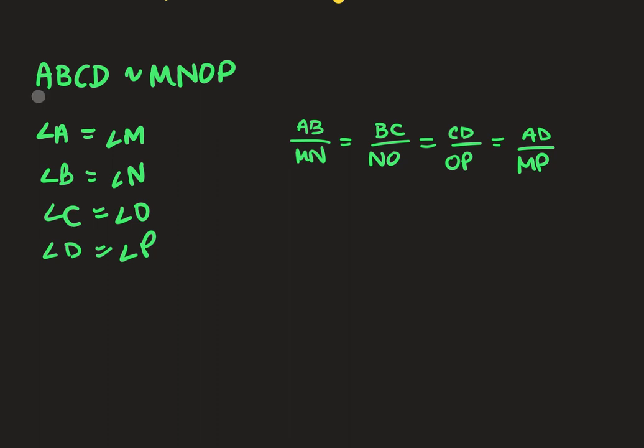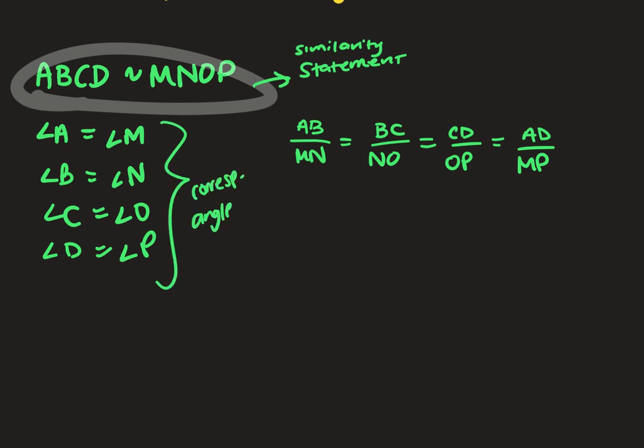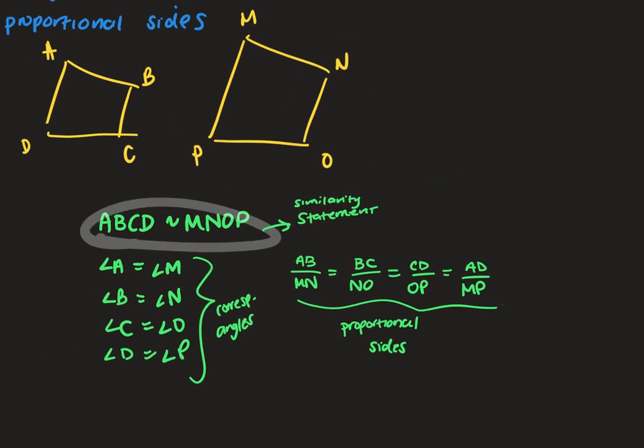So this is your statement of similarity or similarity statement, I think is the actual wording. These are obviously your corresponding angles. And these are your proportional sides. So it could ask you any pairing of that.